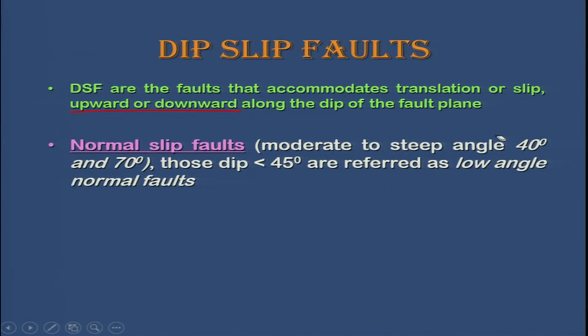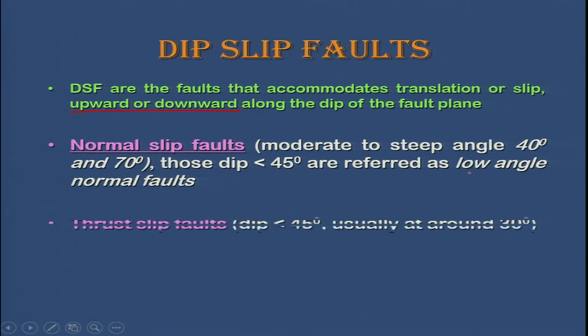Normal fault slip usually has a moderate to steep angle, which ranges from 40 to 70 degrees, and those with dip less than 45 degrees are referred to as low angle normal faults.